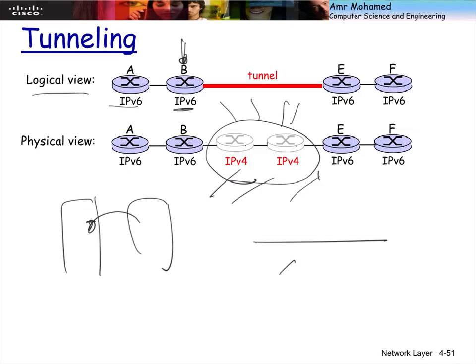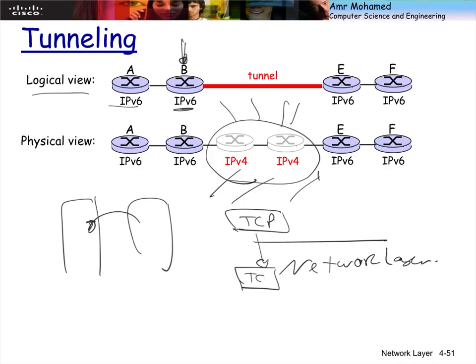We have here the network layer. This is the network layer, right? We receive the packet from, let's say, TCP. When we receive the packet from TCP, what do we do for the network layer? We append to it the IPv6 header.